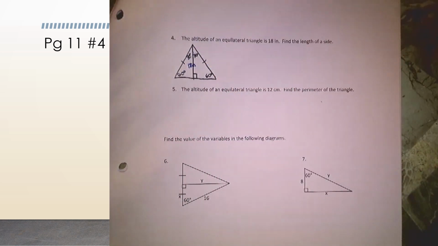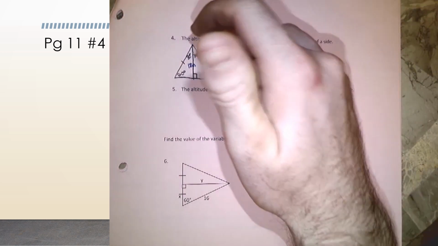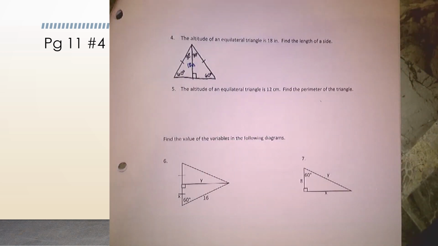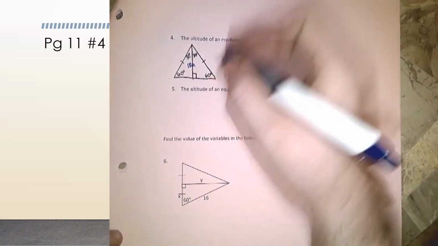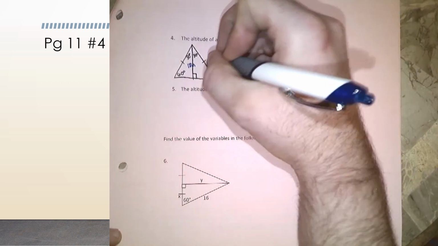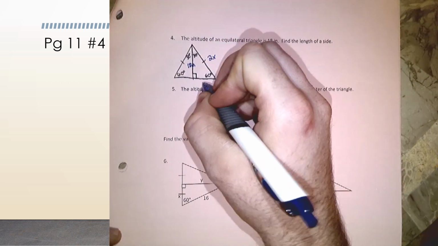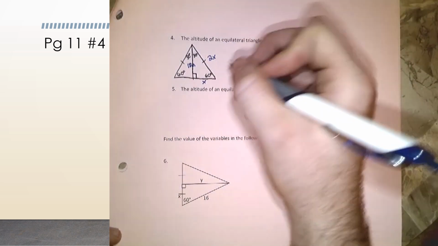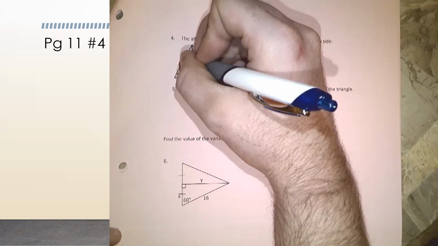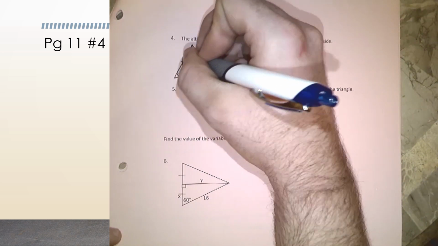So with that information, I need to find one of the side lengths. In case you forgot from the ones that we did earlier, the hypotenuse is represented by 2x. The shortest leg is represented by x. And where we have 18, that's represented by x square root of 3.